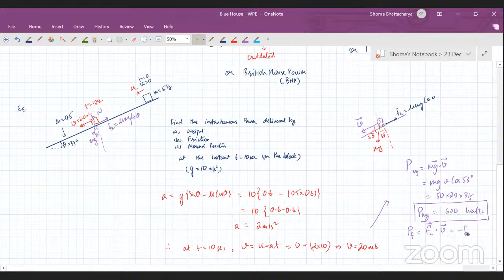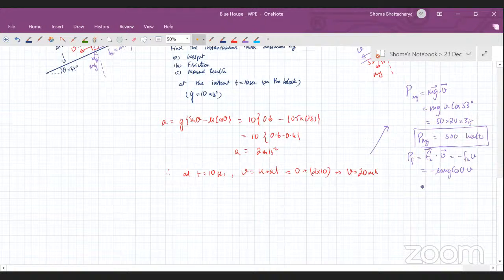So that will become minus of frictional force into velocity. So that is minus mu mg cos theta into the instantaneous velocity. So that is minus of 0.5 into 50 into cos 37. So that's 4/5 into the instantaneous velocity, which is 20. So minus of 400 watts. This is the instantaneous power delivered by friction.